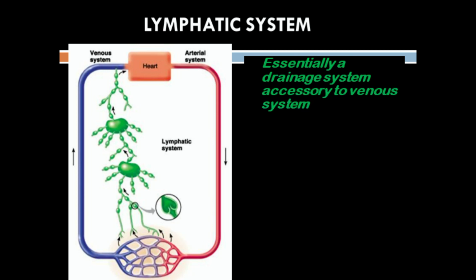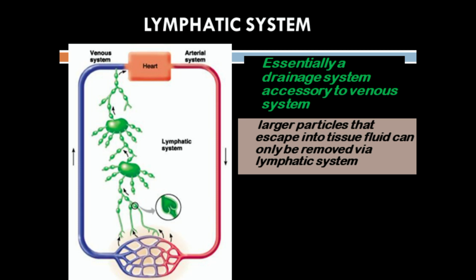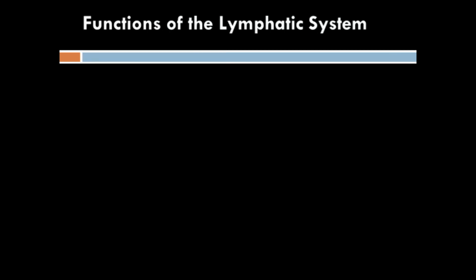So it is an essential drainage system accessory to the venous system, and larger particles that escape into tissue fluid can only be removed via the lymphatic system. Whatever larger particles affect the human body will escape into the bloodstream and be removed via this lymphatic system. So that's why this system is very important.